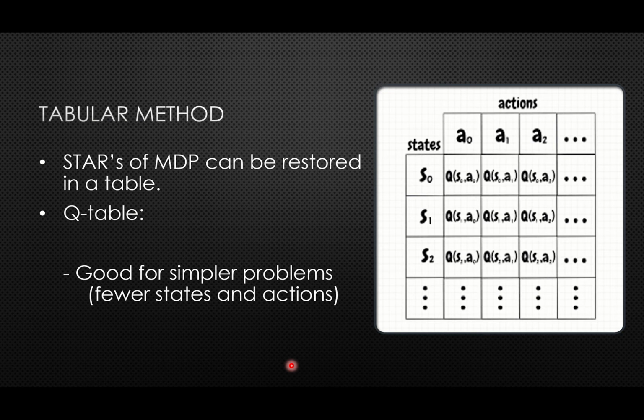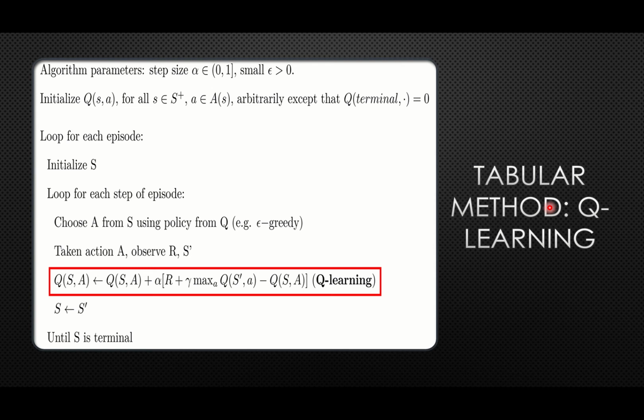The so-called tabular method stores every memory in a Q table, which is like this. And the Q table is updated following this algorithm. We call it Q learning.